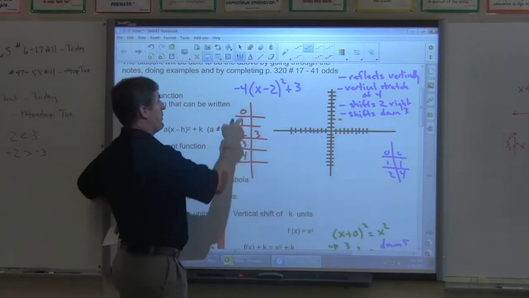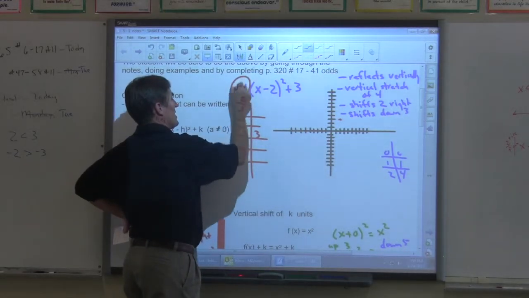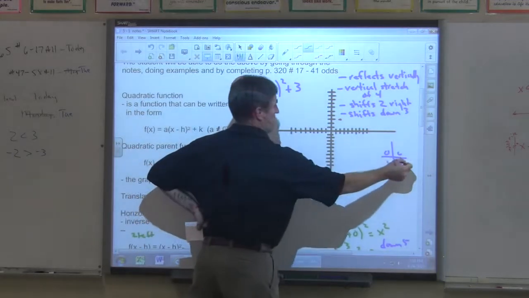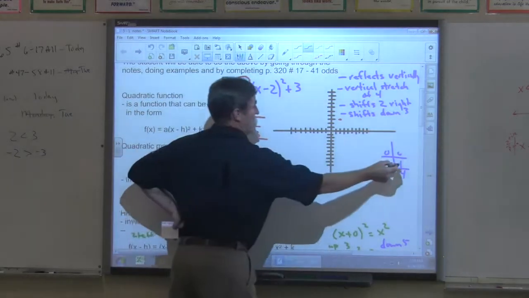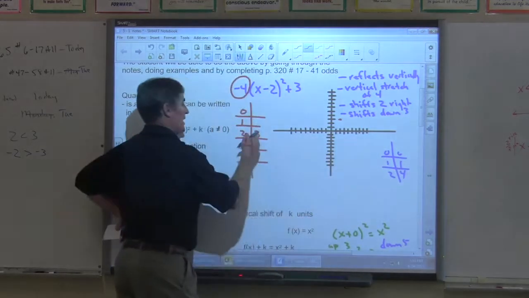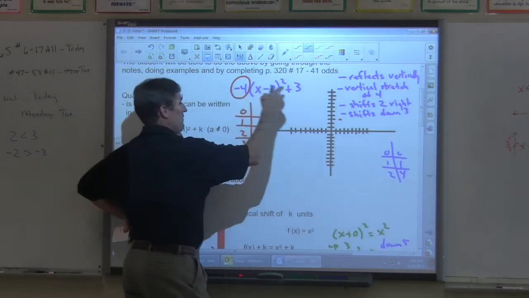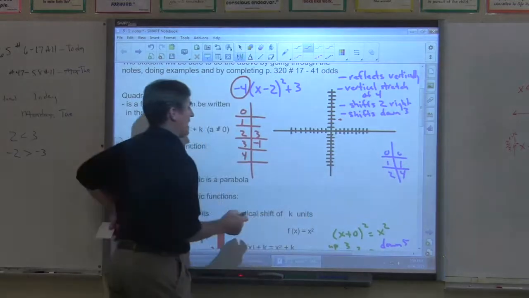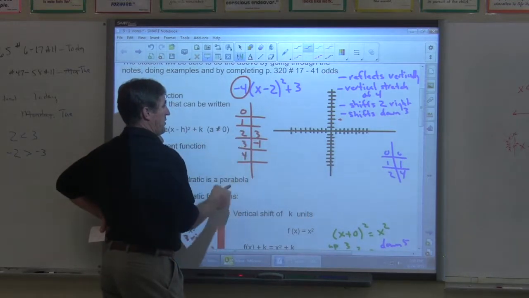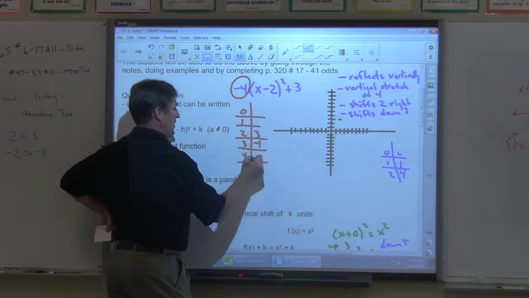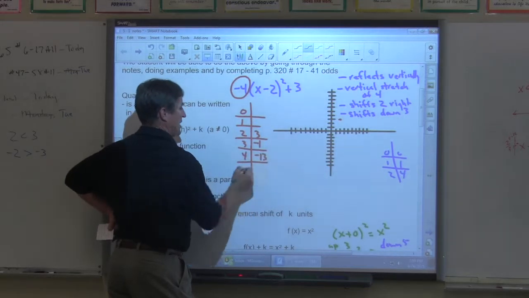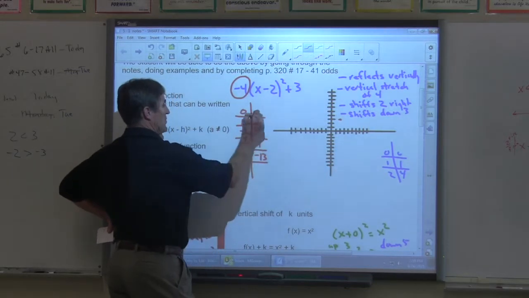But if we can remember, we take our A, which in this case is negative 4, and multiply that by 1. Negative 4 times 1 is negative 4, so I go down 4, so I'd be at negative 1. And then negative 4 times 4 is negative 16, so I would go down 16 from 3, and that would be negative 13. So these would be the same.